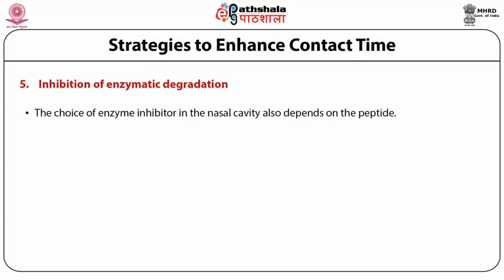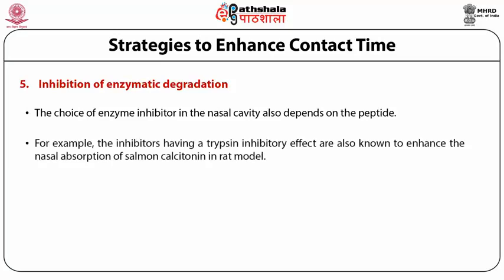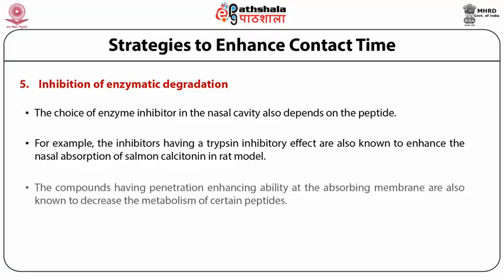The choice of enzyme inhibitor in the nasal cavity also depends upon the peptide. For example, inhibitors having a trypsin inhibitory effect are also known to enhance the nasal absorption of salmon calcitonin in the rat model. Compounds having penetration enhancing ability at the absorbing membrane are also known to decrease the metabolism of certain peptides.